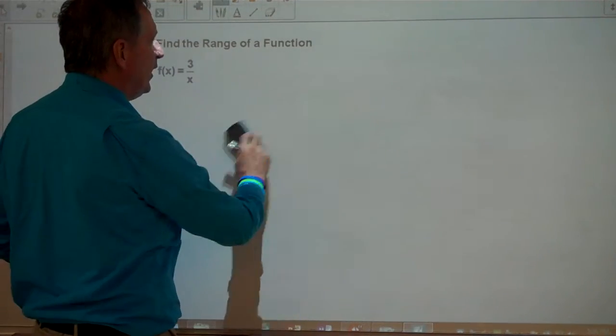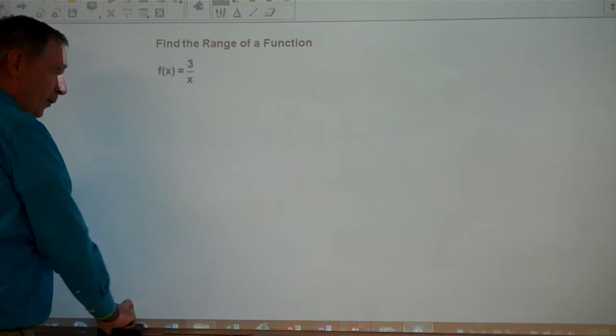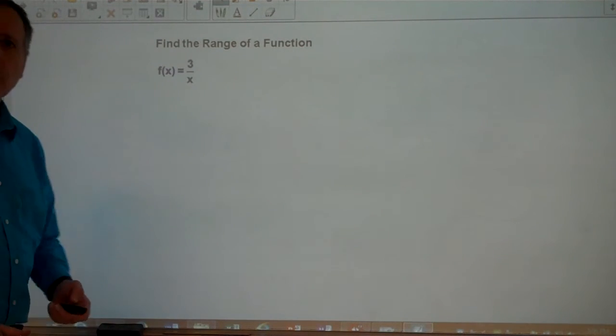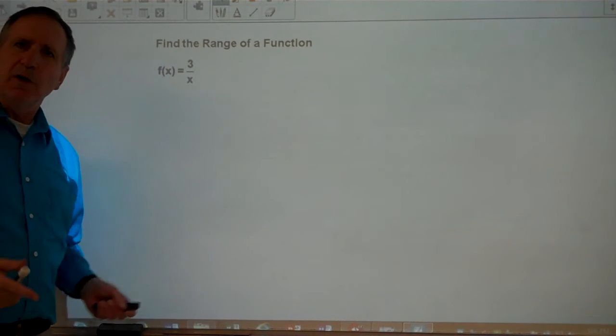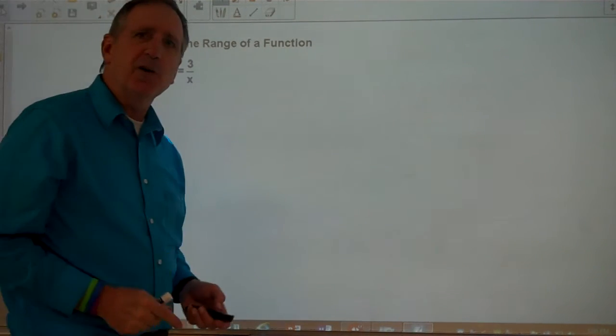Next, finding the range of a function. Well, there are some tricks to finding the range of a function, but at this stage in precalculus, generally we're going to examine the range of functions graphically.